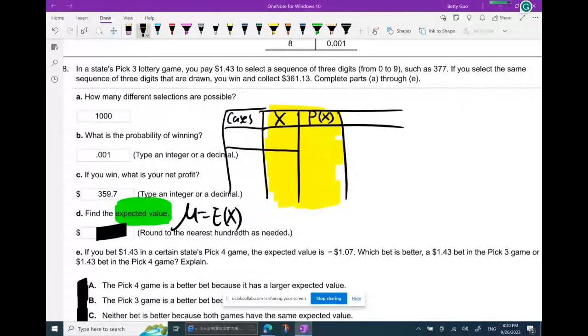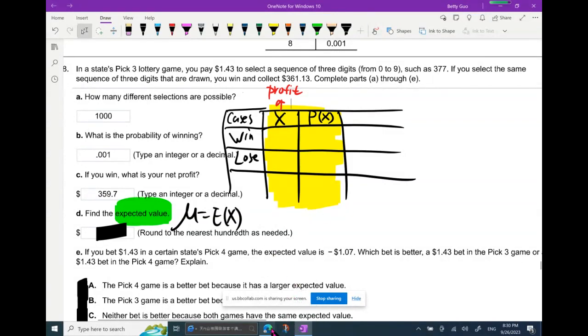We have 2 cases. When you buy a lottery, we only have 2 cases. Either you win or you lose, right? So X here is gonna represent your profit in dollars, right?